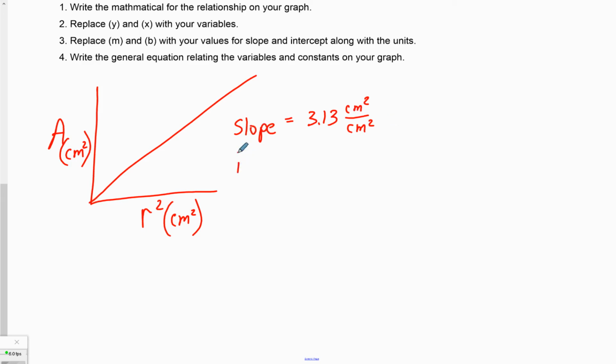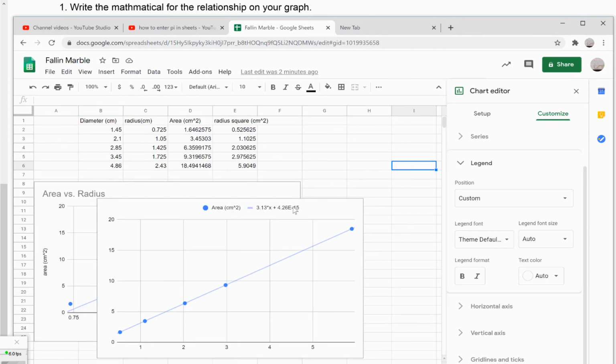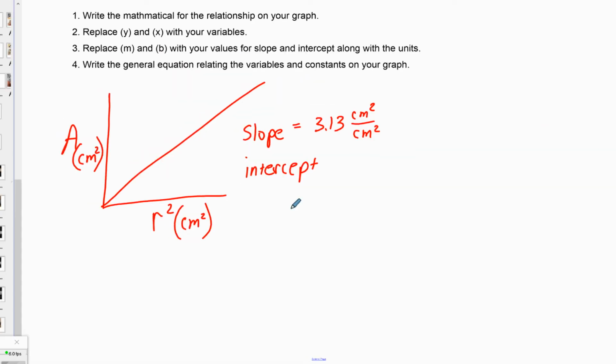And then our intercept, 4.26 times 10 to the negative 15. I think that's the smallest one I've ever seen. The unit would be whatever the unit of my y-axis is, so my y-intercept would be centimeter square.